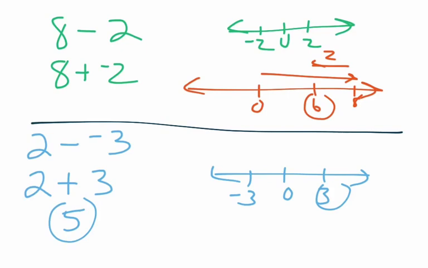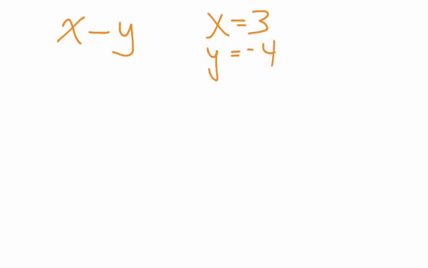This does come up in algebra a lot, where we'll have a formula that has a minus sign in it. Okay, so you've got some formula, we won't get into the specifics, but let's say you have a formula like x minus y. And then you've got x equals 3 and y equals negative 4.